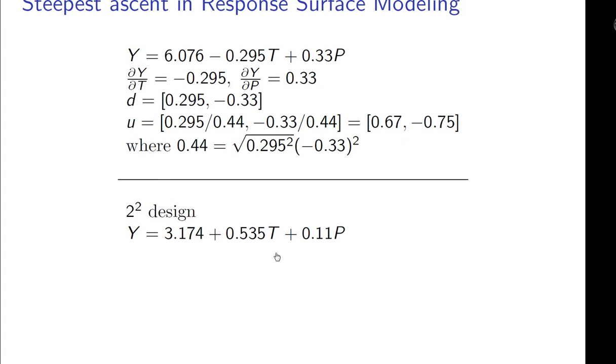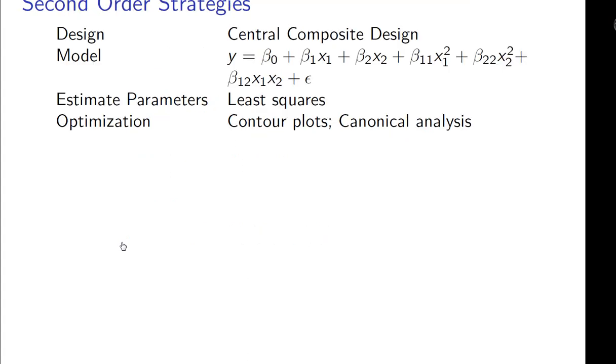This is the model that actually gives me an optimal response where there's a very significant influence of temperature T and much less influence of pressure P. Okay, so by following this procedure of steepest ascent, starting with this initial model, going in this direction, I eventually wind up with this model for the two factors, temperature and pressure. Now that works well, and is a procedure that we recommend you follow for linear models.